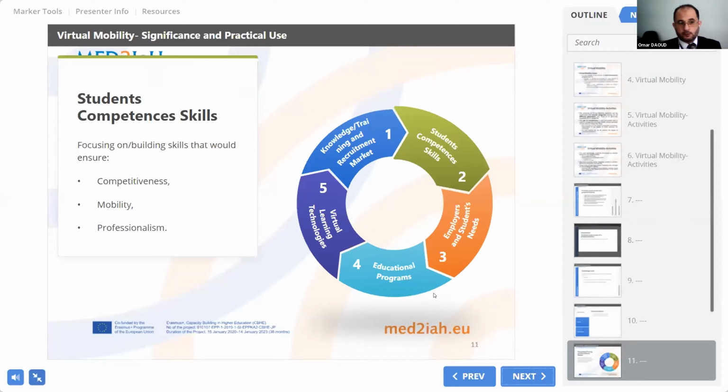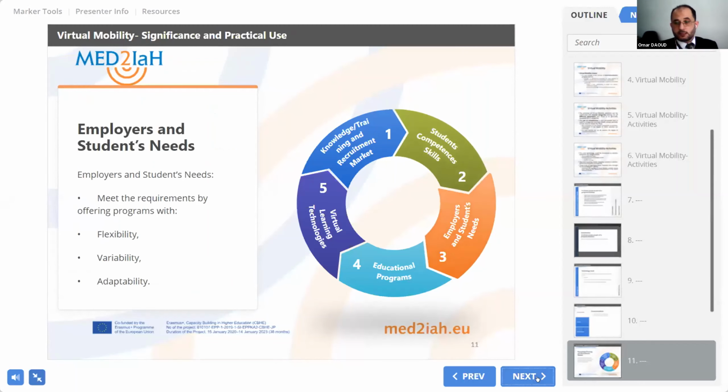We will focus on building skills that ensure competitiveness, mobility, professionalism. From the other one, the employment and students' needs: the students and employment needs, such as meeting the requirements by offering a program with flexibility, variability, or adaptability.